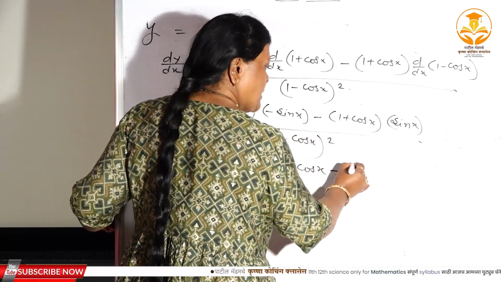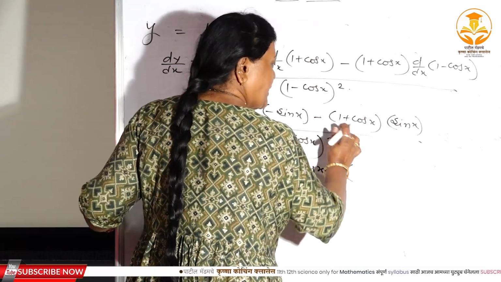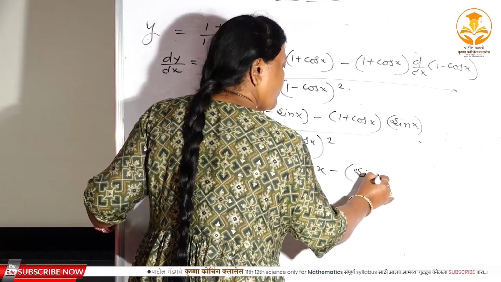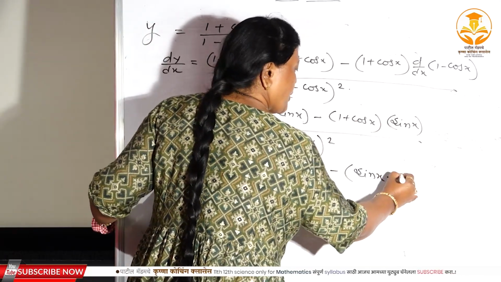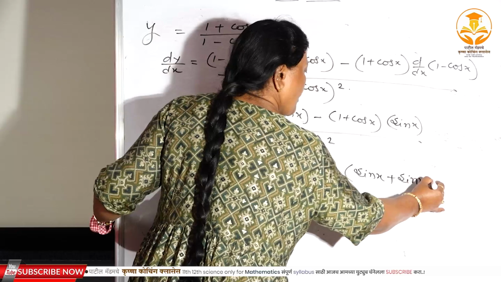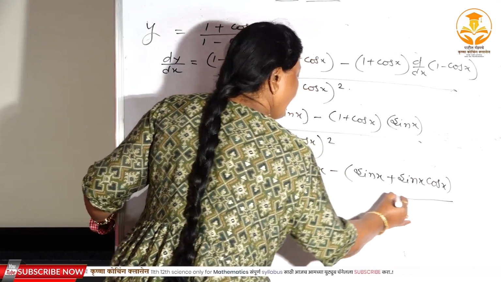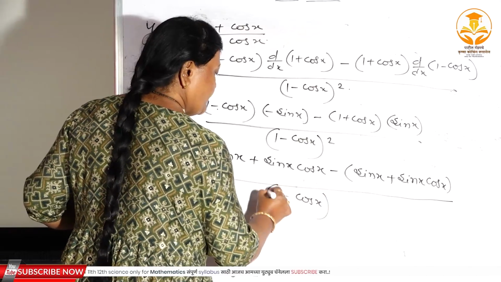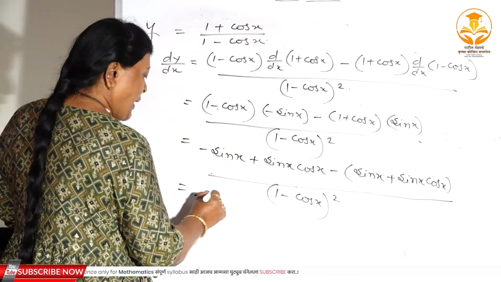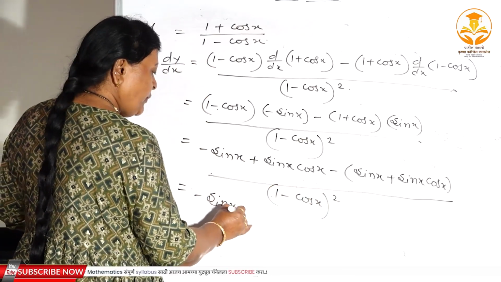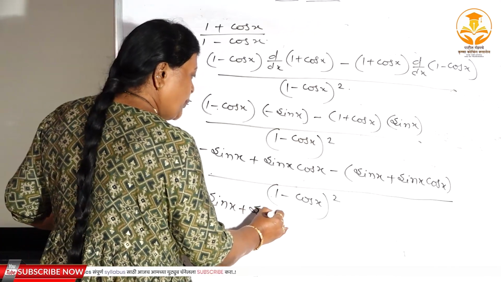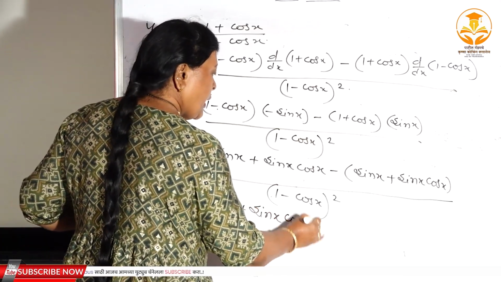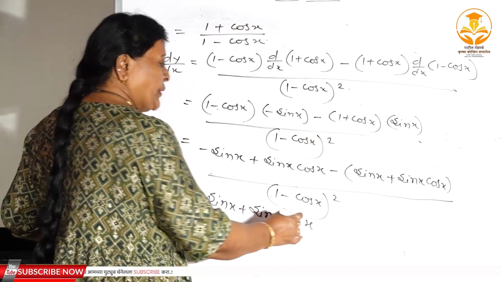Minus sin remain as it is. Multiply with sin x. Sin x into 1, sin x. And plus sin x into cos x. Sin x into cos x. Divided by 1 minus cos x whole square. Right? Again, minus sin x into cos x. Multiply with minus sin and open the bracket.